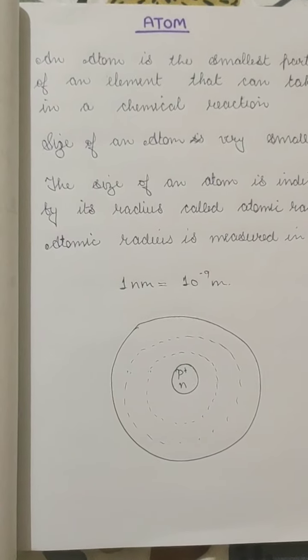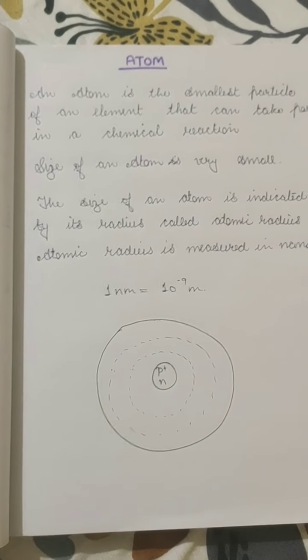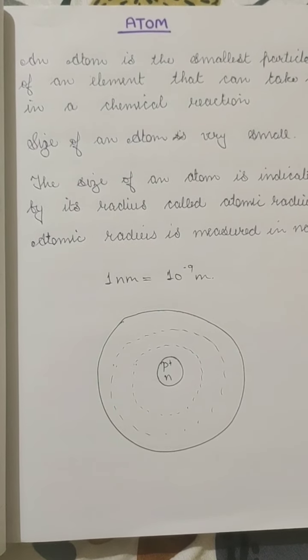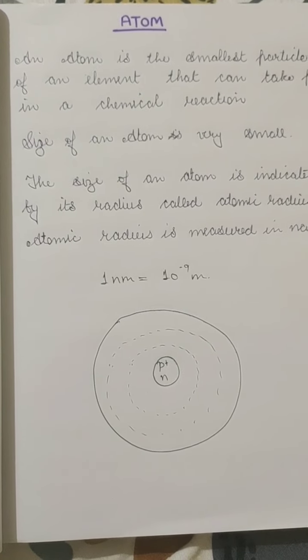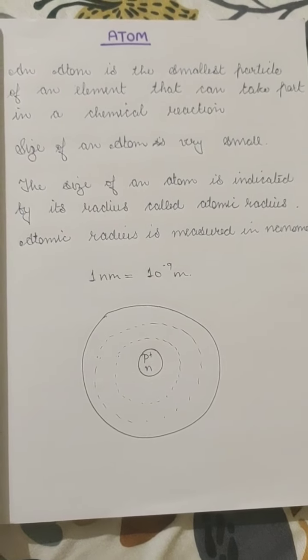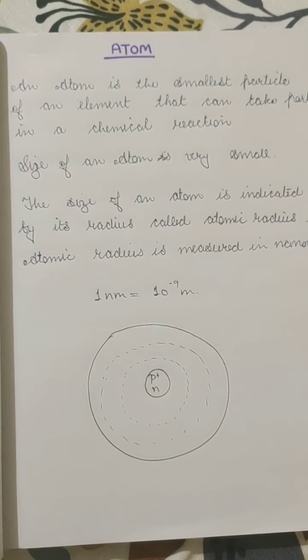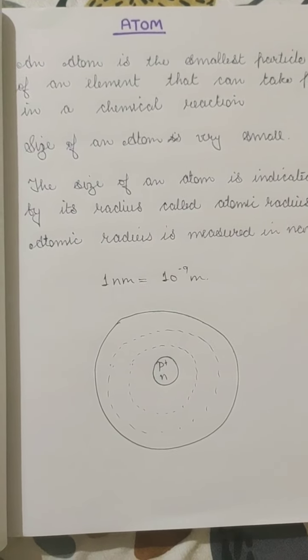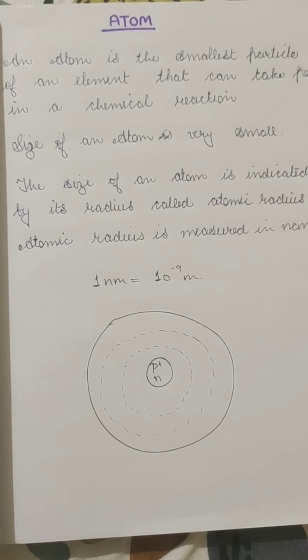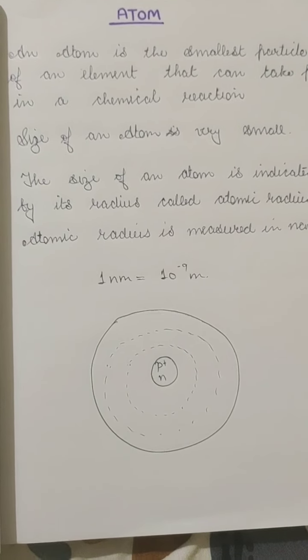Now it's so small that its size is not measured in meters or centimeters. It is only measured in nanometers. What is a nanometer? A nanometer is a very small unit. That means 1 nanometer equals 1 upon 10 to the power 9 meter.